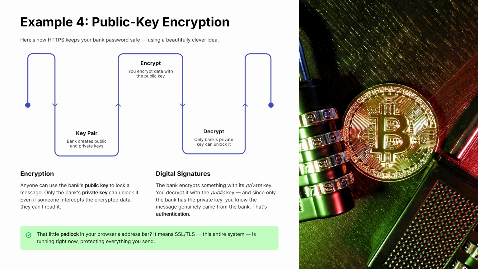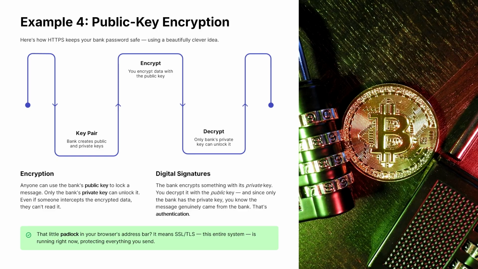So when you connect to your bank, your browser receives the bank's public key. You encrypt your data with it. Even if someone intercepts the encrypted message, they can't read it. Only the bank's private key can unlock it. This also enables digital signatures. If the bank encrypts something with its private key, you can decrypt it with the public key.